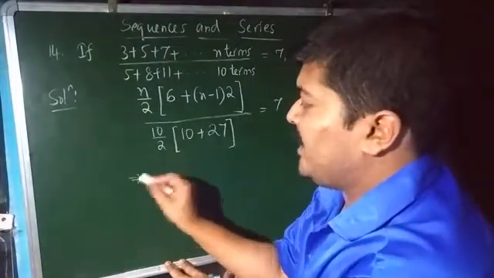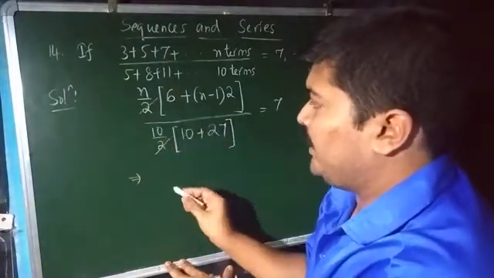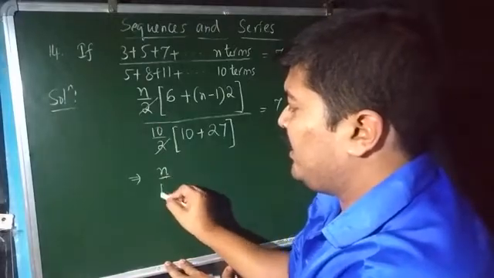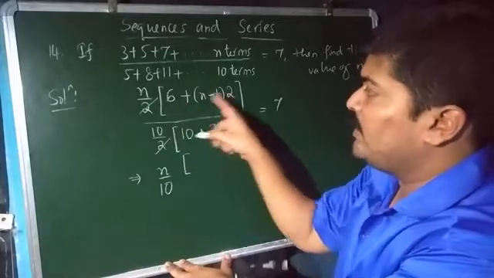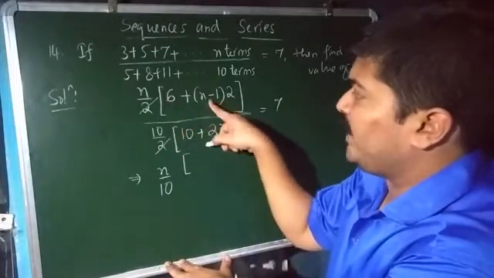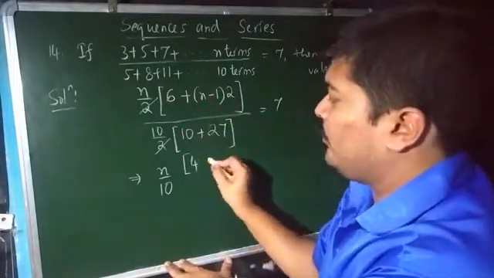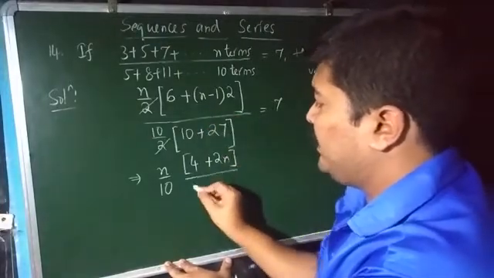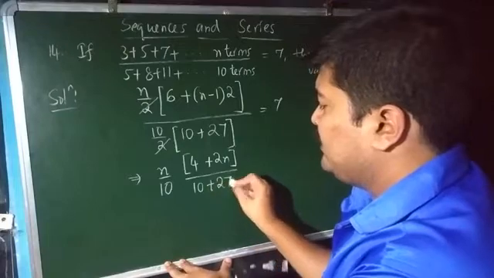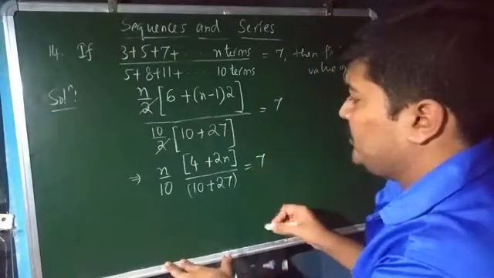Now this implies 2 will get cancelled here. We are left with n by 10 into, simplifying, 6 plus 2n minus 2. 6 minus 2 is 4, plus 2n as it is, whole divided by 10 plus 27, which is equal to 7.